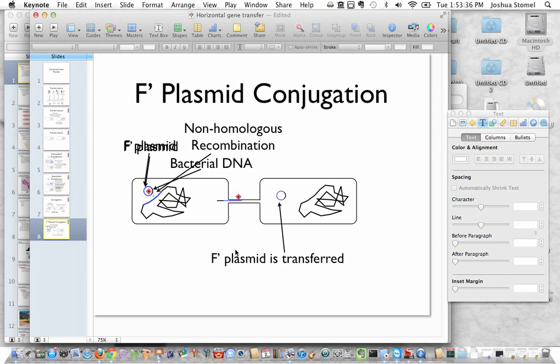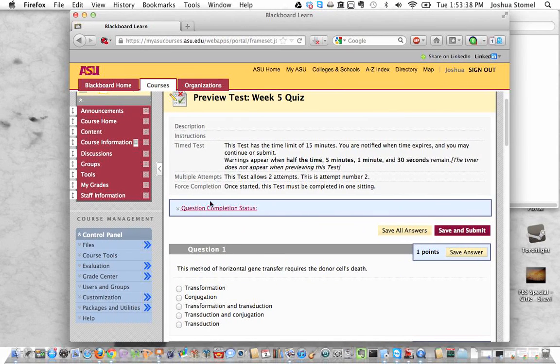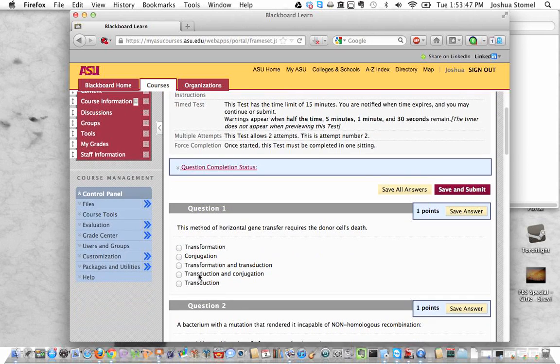And so with that one, both the donor and recipient cell survive. So which ones require the donor cell's death? That's going to be transformation and transduction.